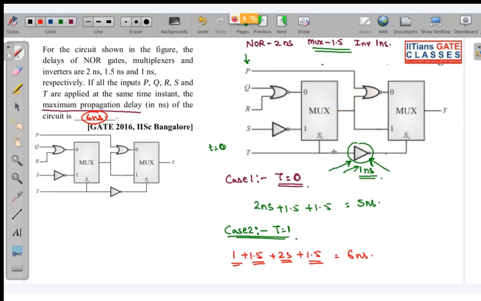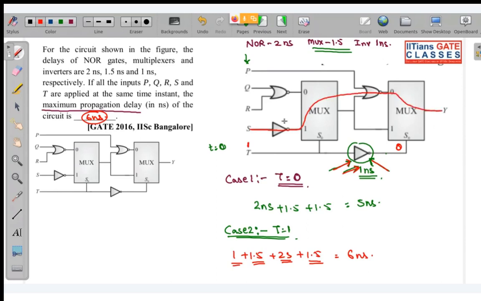Okay, how it works. See, look. At t equal to 1, this is 1, and this will be 0 after 1 nanosecond. But we will not be considering the effect of this gate. Why? Because when I apply t equal to 1, the path of the input will be something like this.